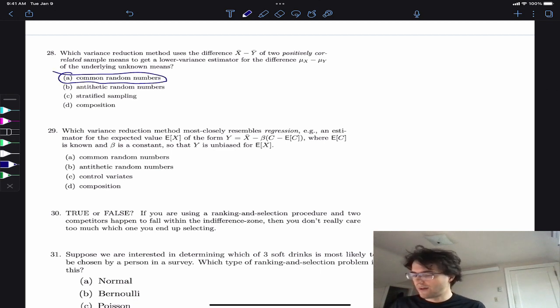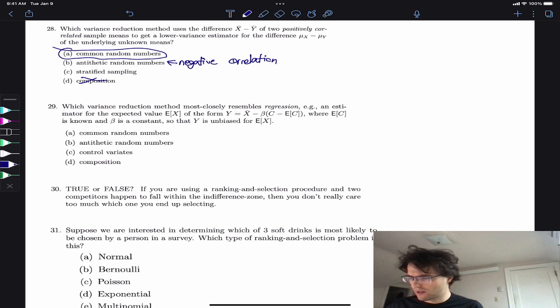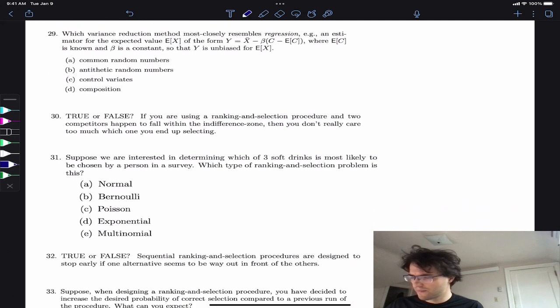If you have negative correlation, you would use antithetic random numbers. Composition doesn't really make sense in this context. Stratified sampling can be used, but not in this context. Cool.